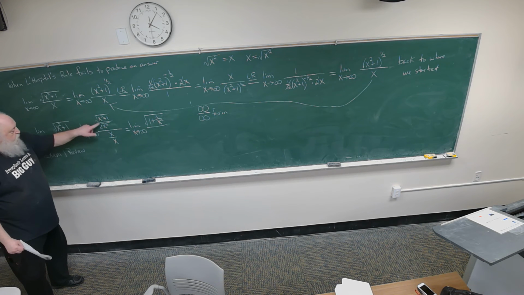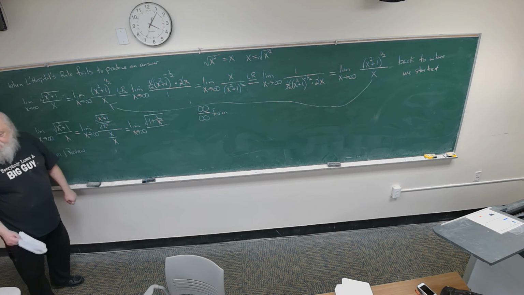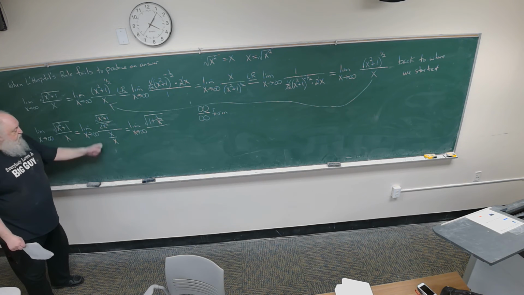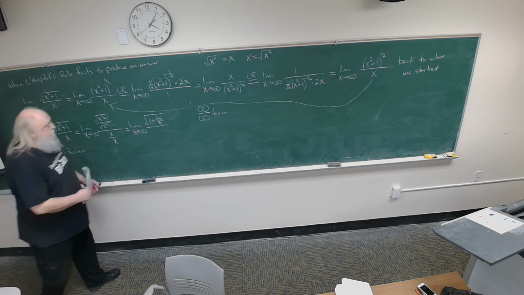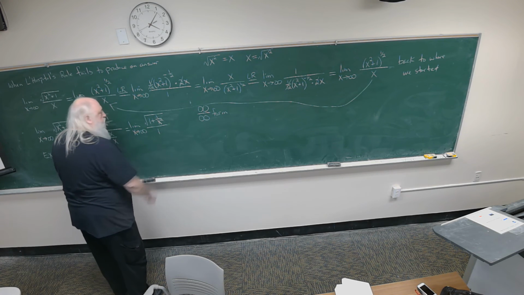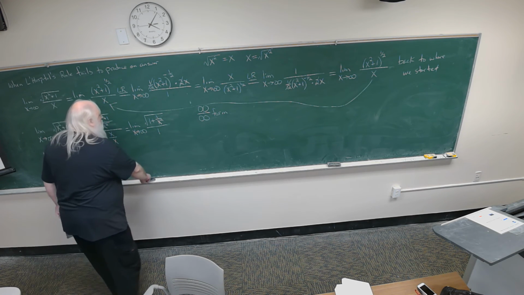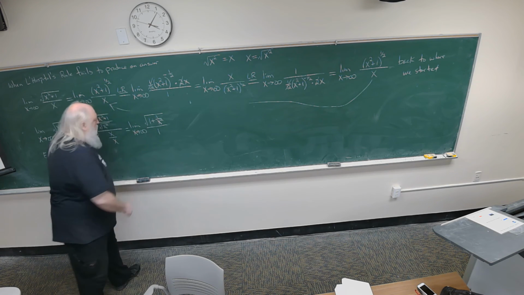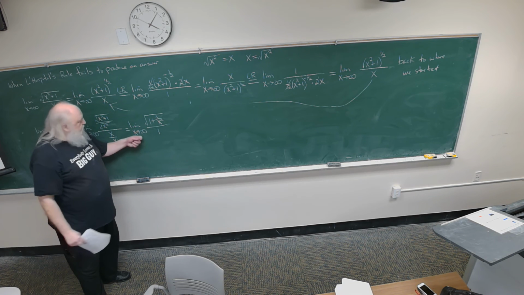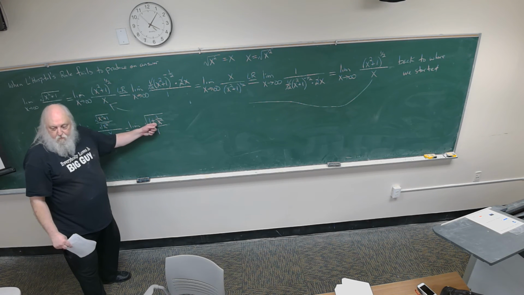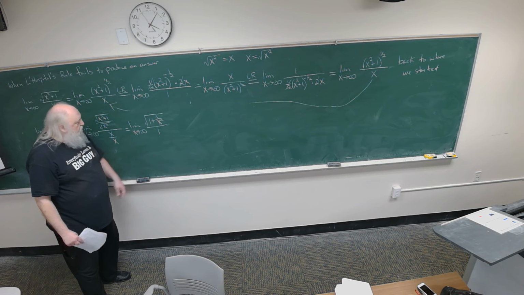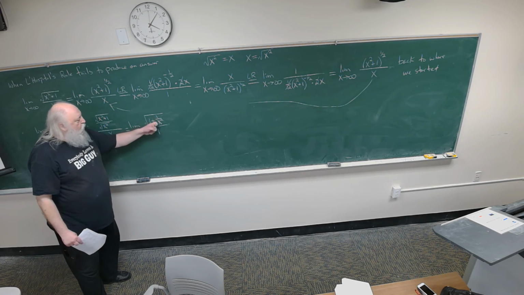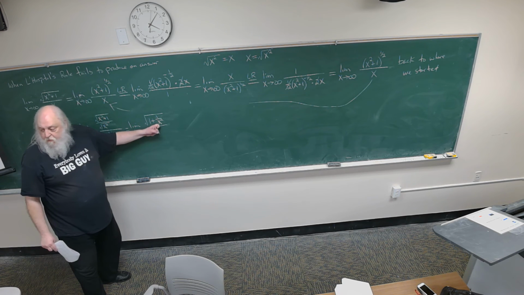And the denominator, x over x, is 1. And then the limit laws, you bring the limit in under the square root. The square root is a continuous function. So as x increases without bound, 1 over x squared goes to what?